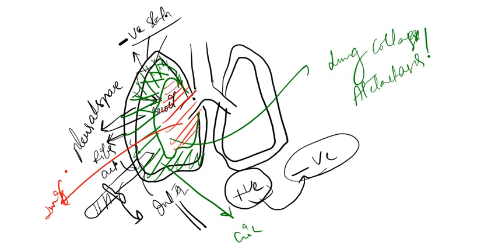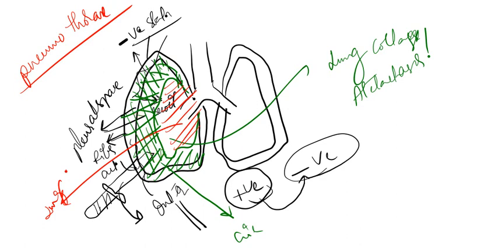Now I think you know very well how a pneumothorax is formed. The thorax gets filled with air. So here, see, this is all air. This is called pneumothorax.